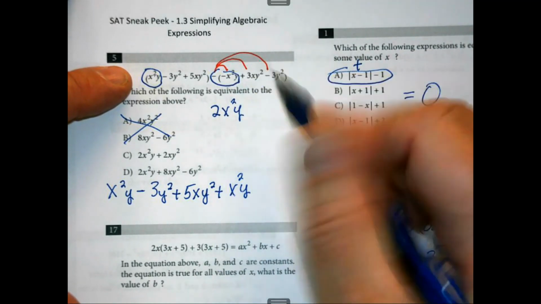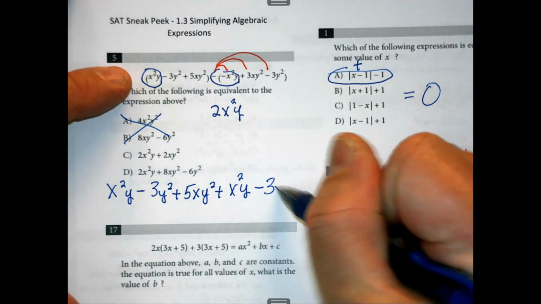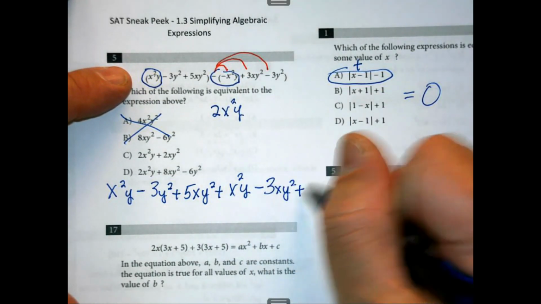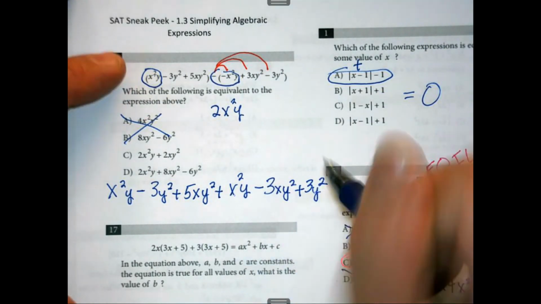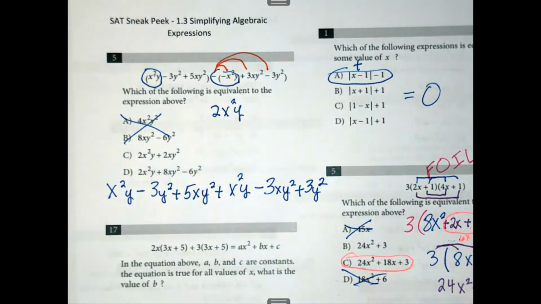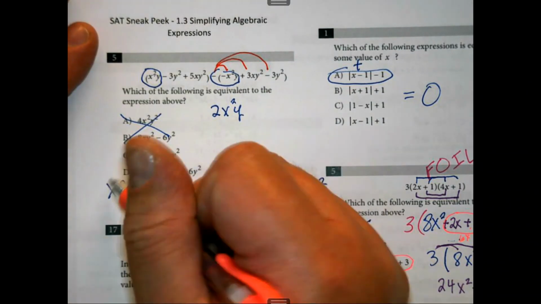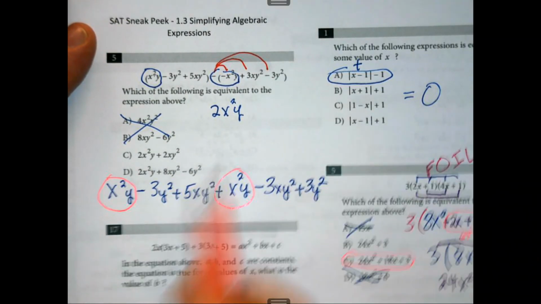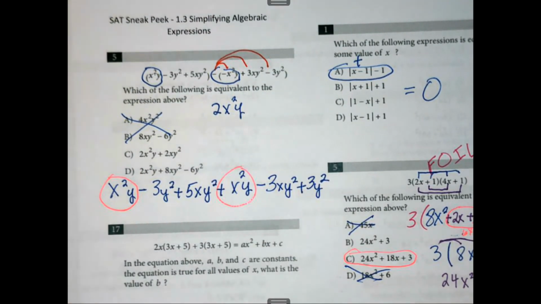Minus times a plus is a minus 3xy squared. And then a minus minus is a plus 3y squared. See, that was a lot of time, even for me. Okay, we combine the x squared y's, and that's how I got 2x squared y.